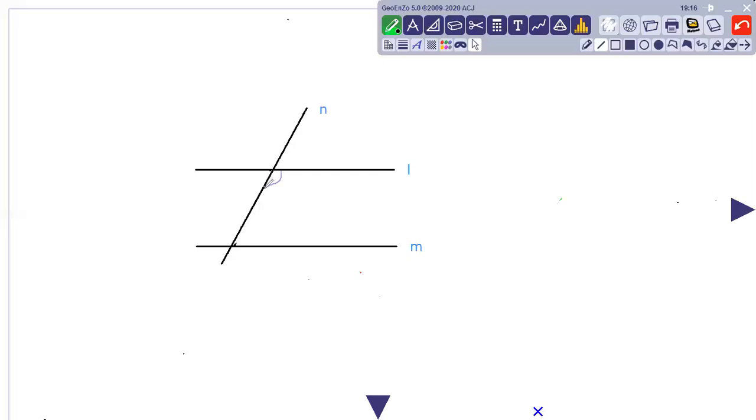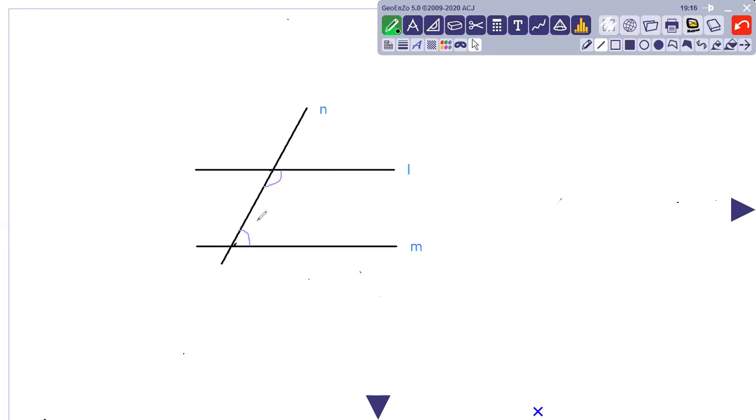This angle and this angle are supplementary. Interior angles on the same side of the transversal are supplementary. Okay? Yes or no? Yes. So interior angles on the same side of the transversal, what does it mean?